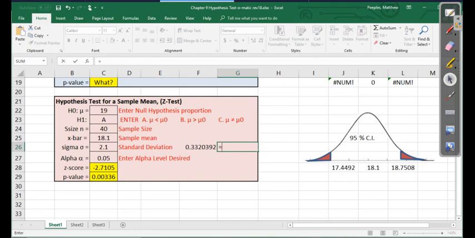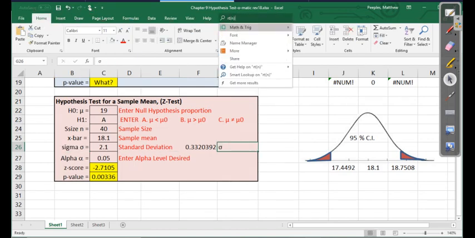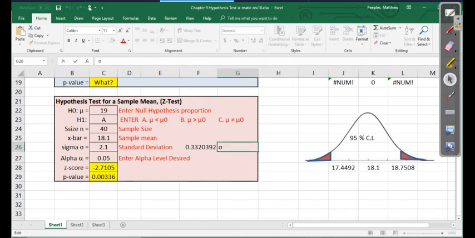And this is going to be sigma divided by the square root of our sample size, right? So that's the one that we want if we're going to find these values that we're looking for.